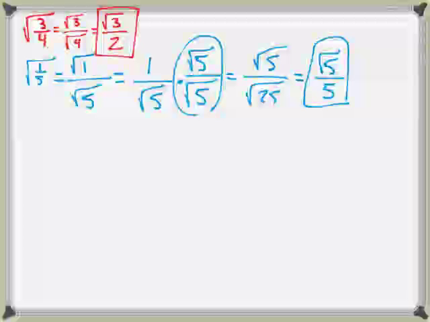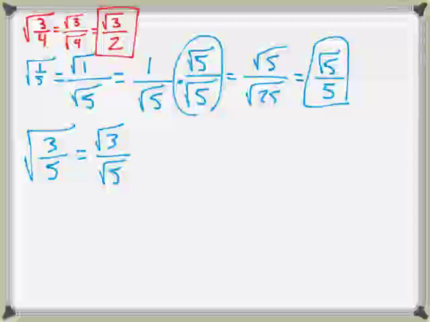For our next example, let's do something kind of similar, but let's do square root of 3 over 5. First step, break it up. Square root of 3 and square root of 5 are not pretty, so there's nothing we can do with taking square roots there.